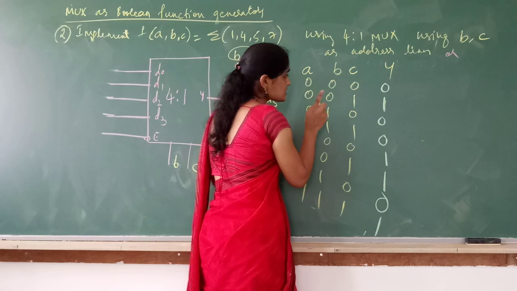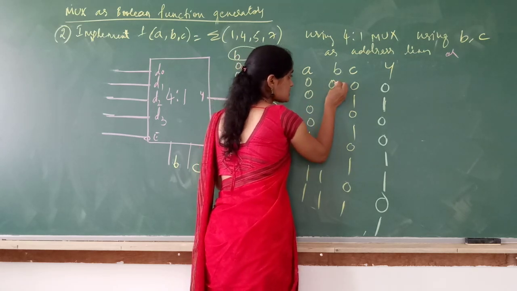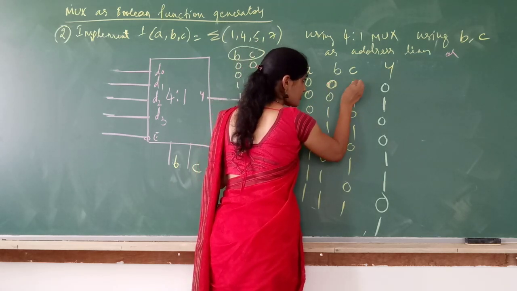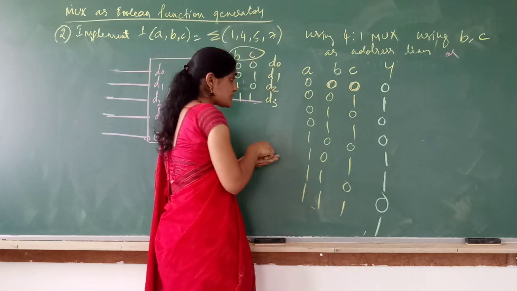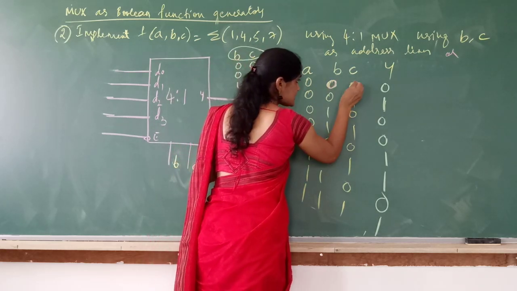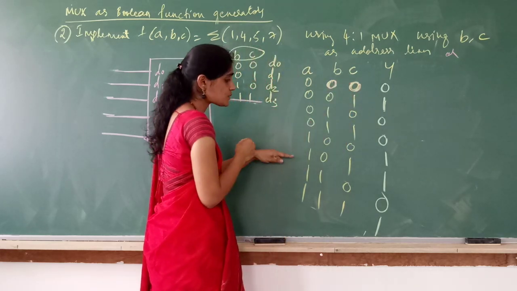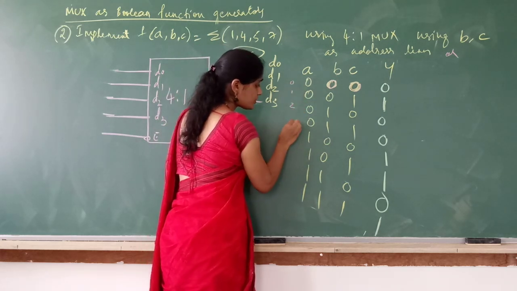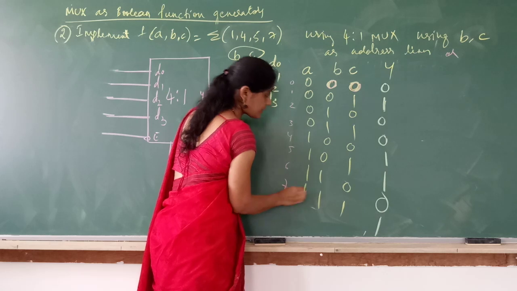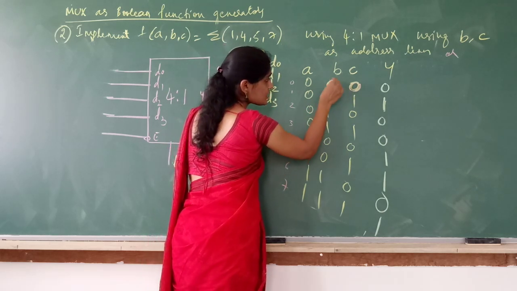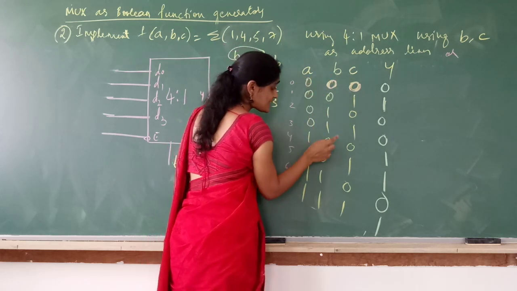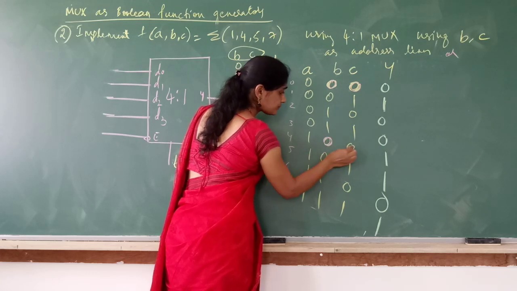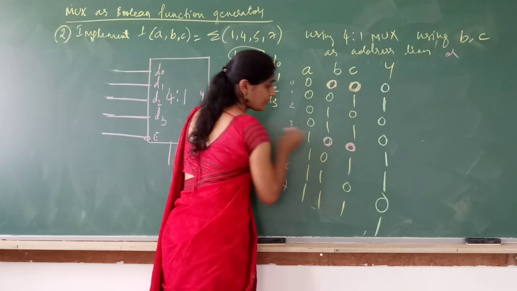So BC is 0 0 for which combinations? Look for any other combinations. See, this is 0 1 2 3 4 5 6 7. BC is 0 0 for 0 as well as for 4. Am I correct?